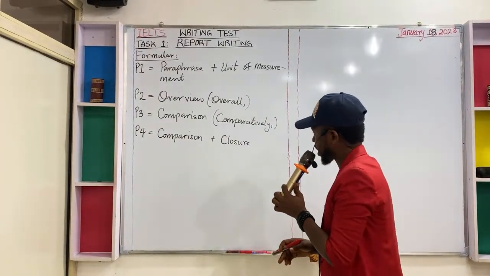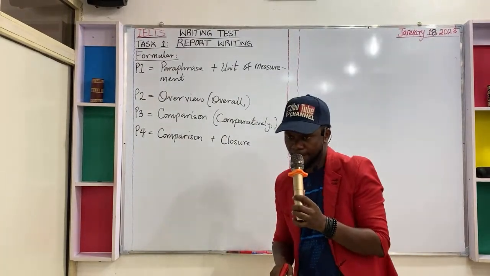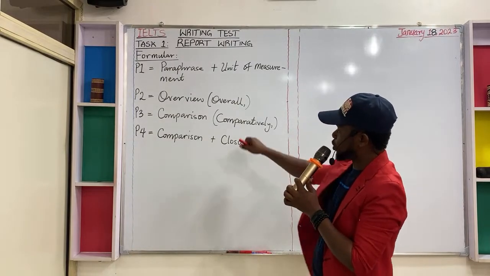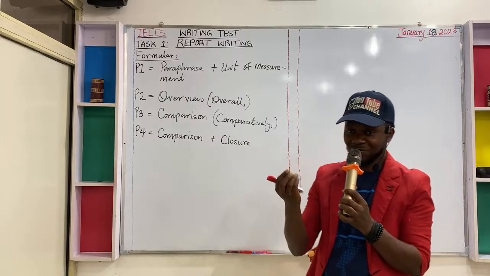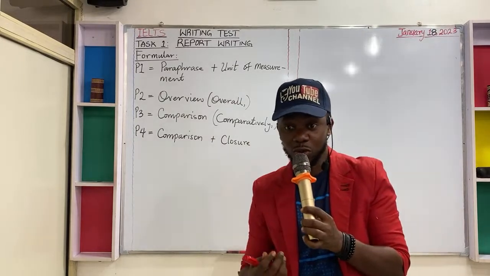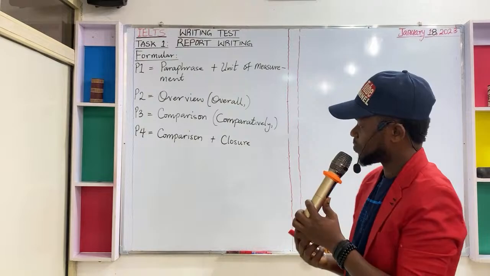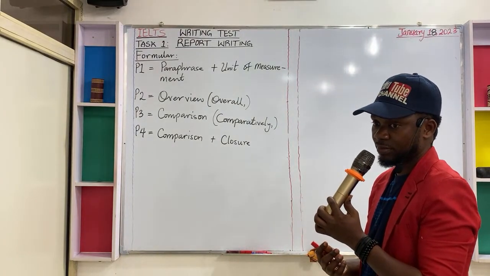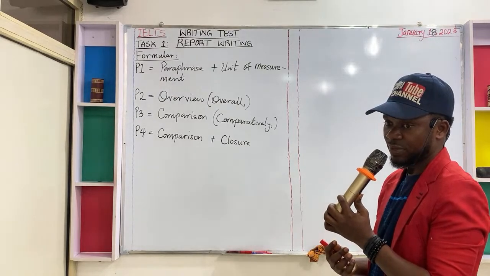Then your third paragraph is about comparison. You're meant to begin with the word comparatively because you want to begin to compare. But is comparatively an academic word? No, it's just an advanced word.